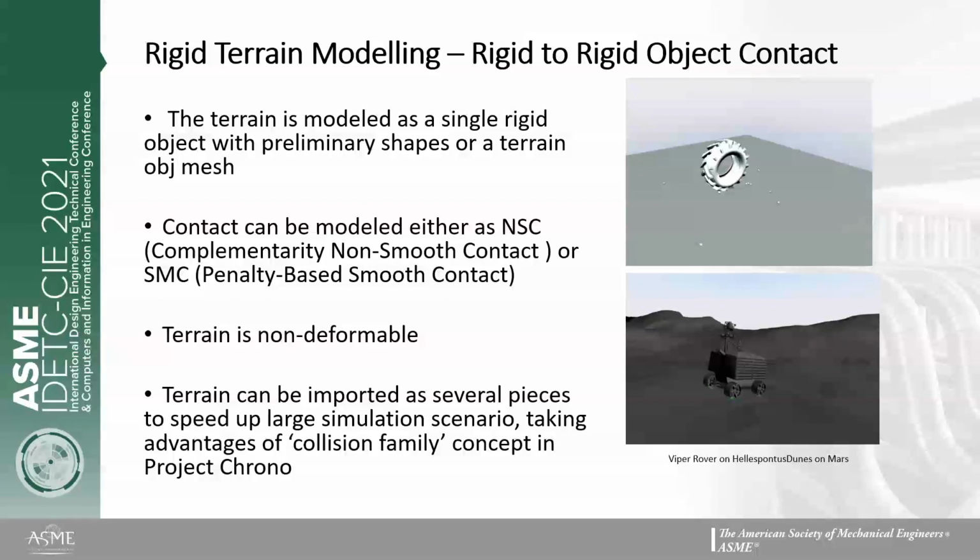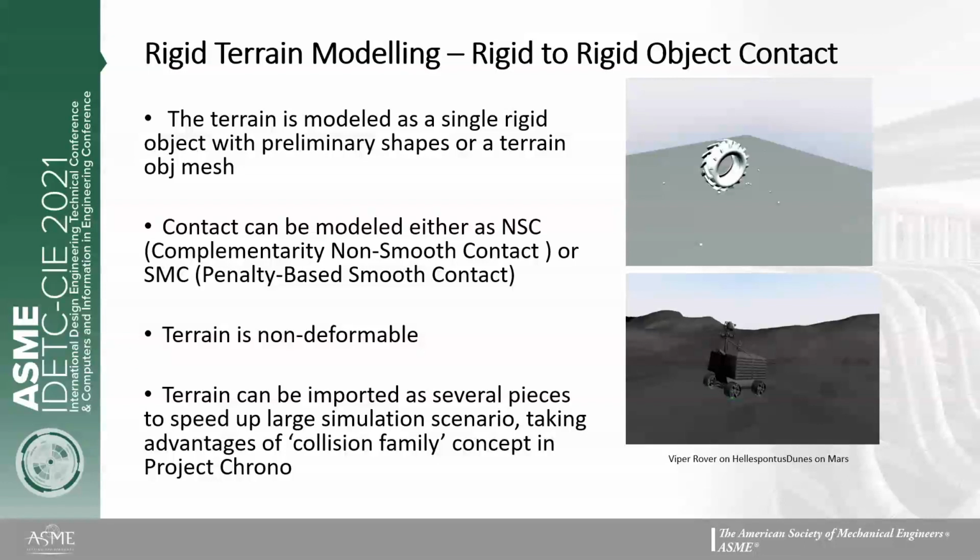The upper right example is showing a tire being dropped on a flat rigid terrain, which in this case we modeled as a box-shaped rigid body. The bottom right corner is a screenshot of the VIPER rover moving on a terrain mesh, which is approximately 500 meters by 500 meters. It's modeling a part of the Mars terrain scanned by Curiosity.